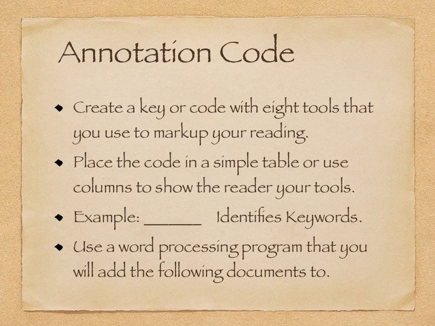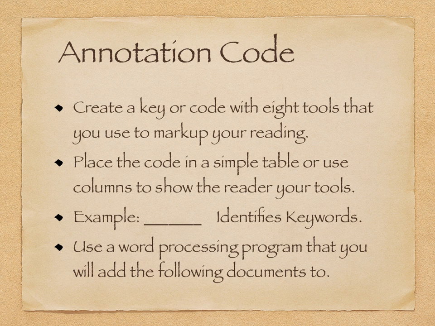The annotation code is the first part of this portfolio, and also recognize that this is part one of the academic skills portfolio, and part two we will start working on soon.